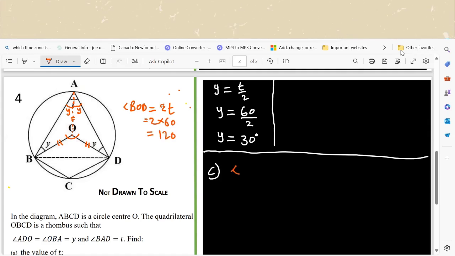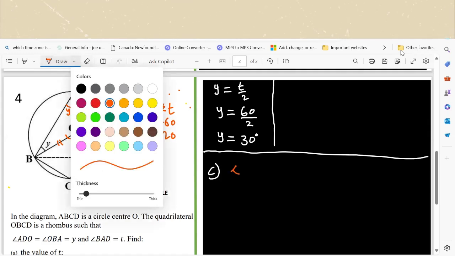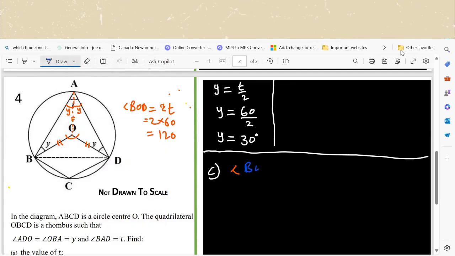So we can say angle BOD is equal to 2T, which is equal to 2 times 60, and that gives us 120 degrees. So if it's 120, we can get this base here.